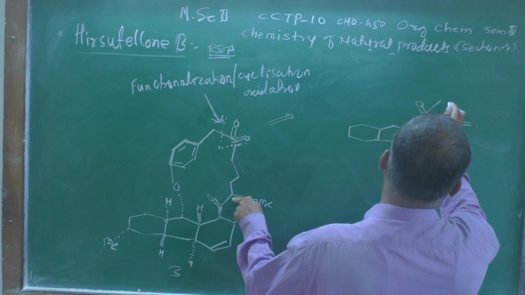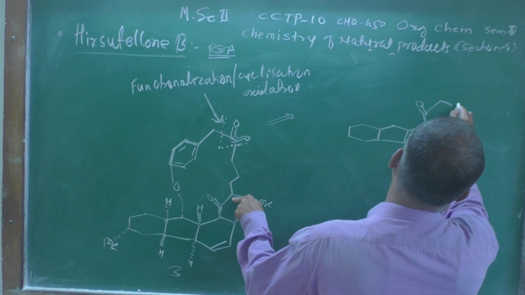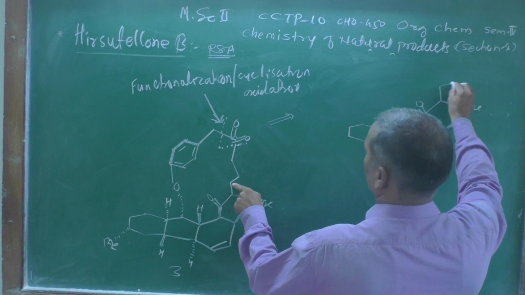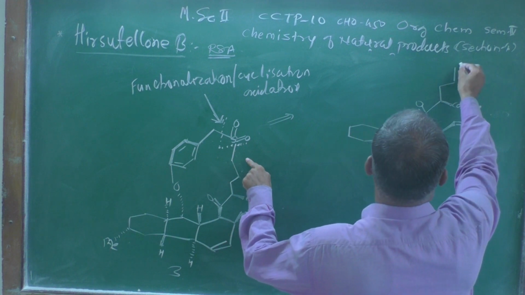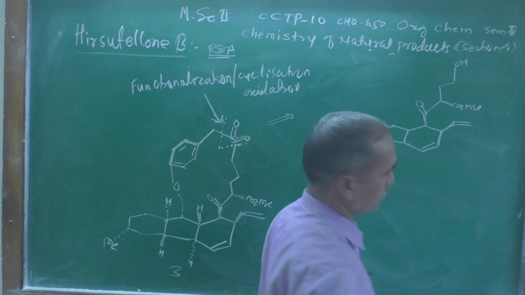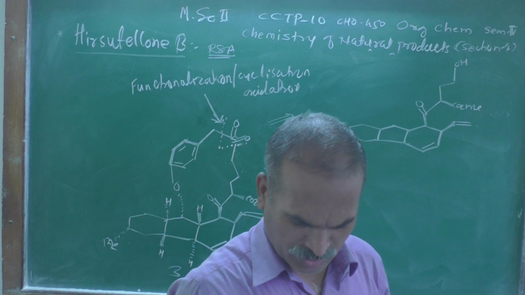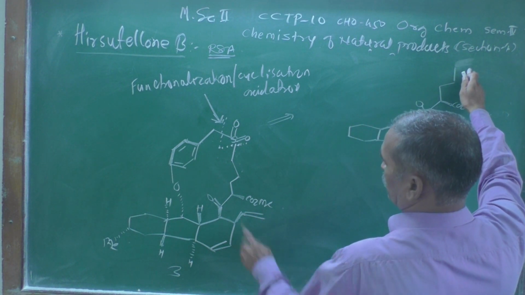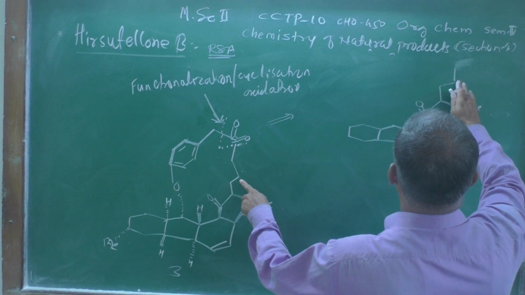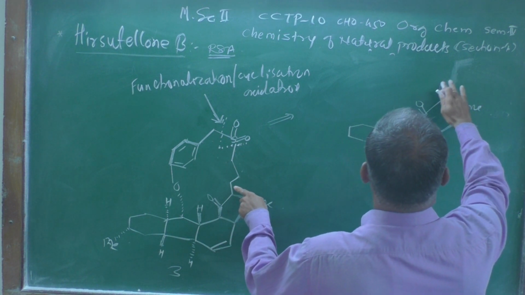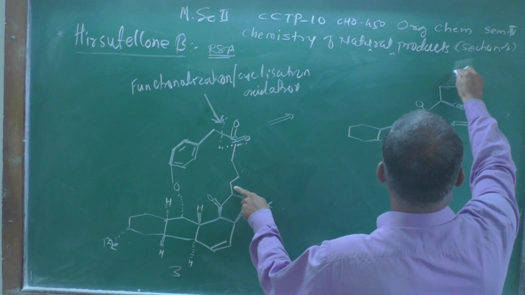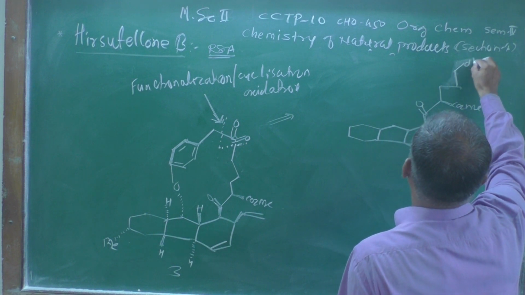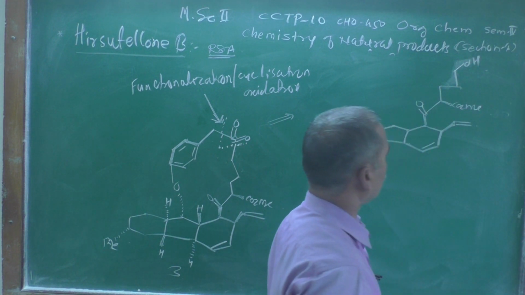Then you can show over here this is a CO2Me, after that CH2, and here you can join an OH. After that CH2, 3, 1, 2, first one, and then with OH, 1, 2, 3 CH2.